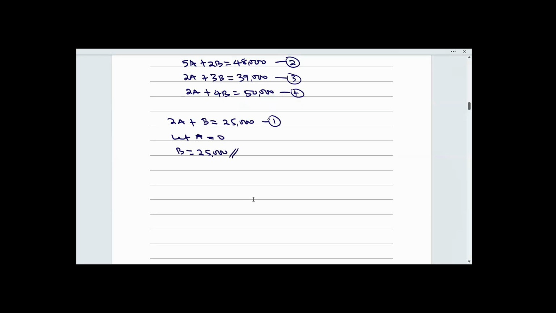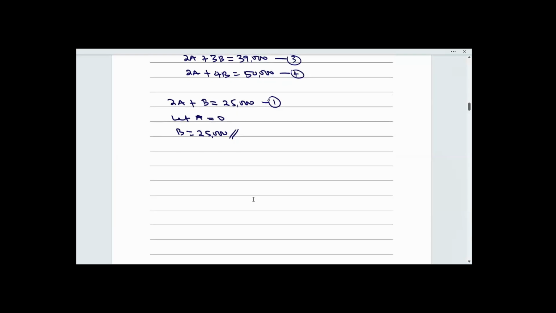Still on the same equation, let B equal 0. If B is equal to 0, then 2A is equal to 25,000. Therefore, A will be equal to 25,000 divided by 2, which is 12,500.